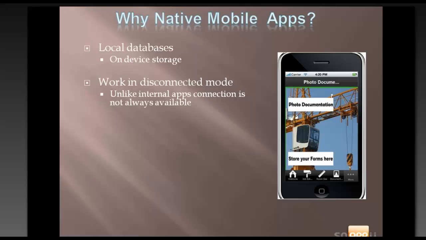These are very important use cases that sometimes are not as obvious, but once you start working with a client and you understand that they have the need to collect the data no matter what and then forward the data when the internet connection becomes available, local database is really important.